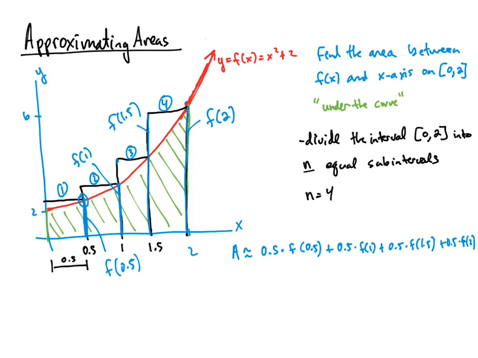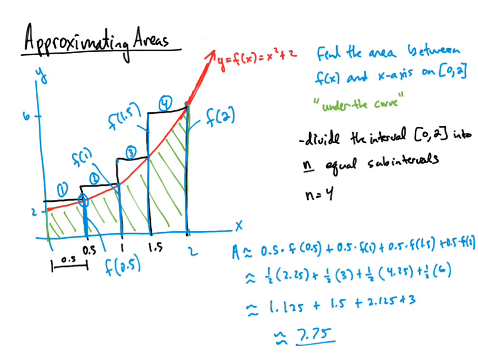We're just going to calculate all of this and add everything together. Going through this basic arithmetic, we get an area of 7.75.